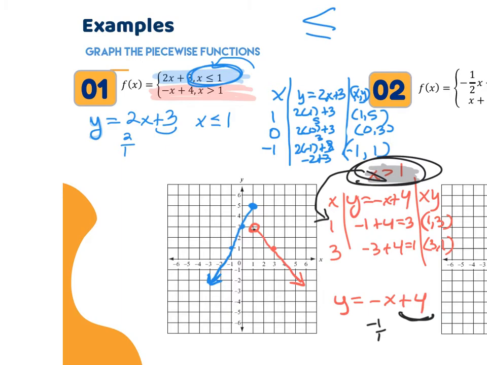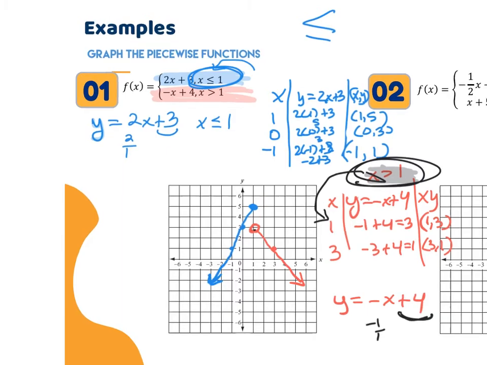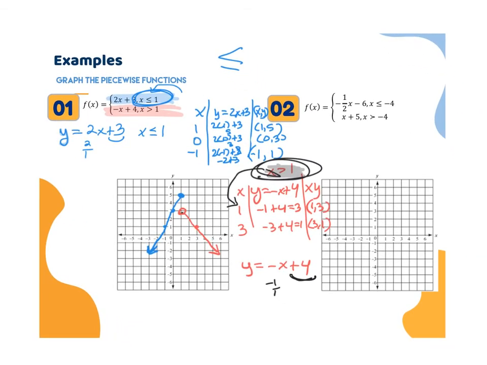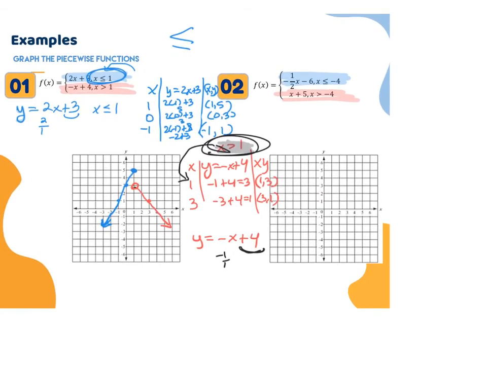Let's try number 2. I'm going to graph the first one in blue and the second one in red. So if I do the blue one, now again, you can do y equals mx plus b if you choose, or pick two numbers that satisfy this.